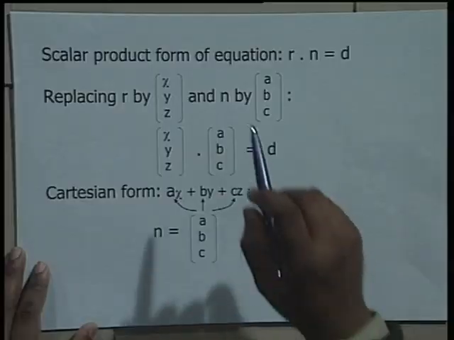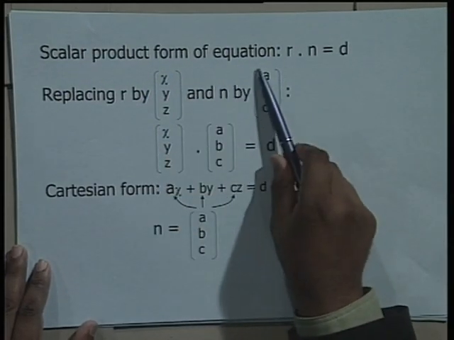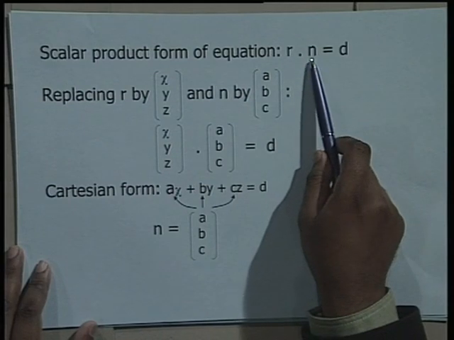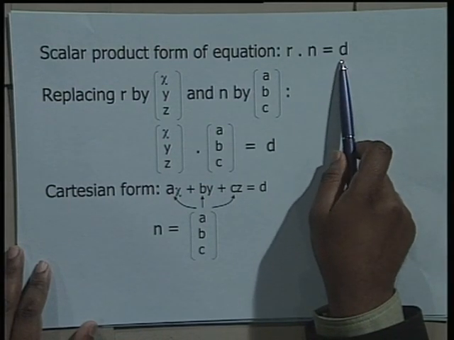If we want to express the equation of a plane in Cartesian form, we simply have to replace r and n in terms of the vector and then carry out the dot product. So the scalar product form of the equation of the plane was r dot n equal to d.